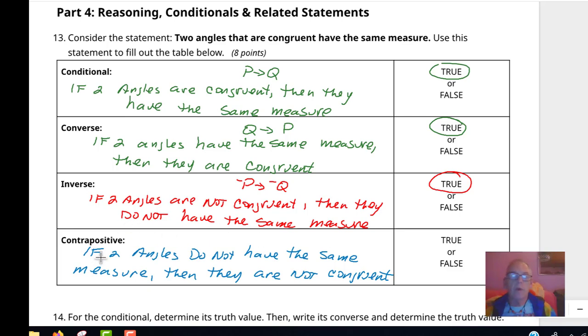So let's think about the truth value. That's also a true statement. So those are all true statements.